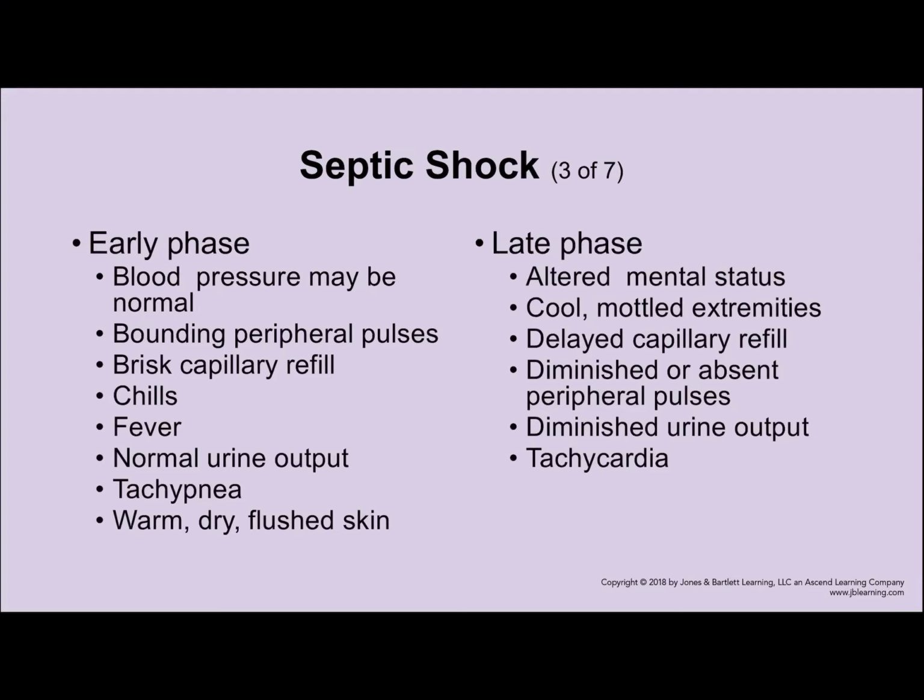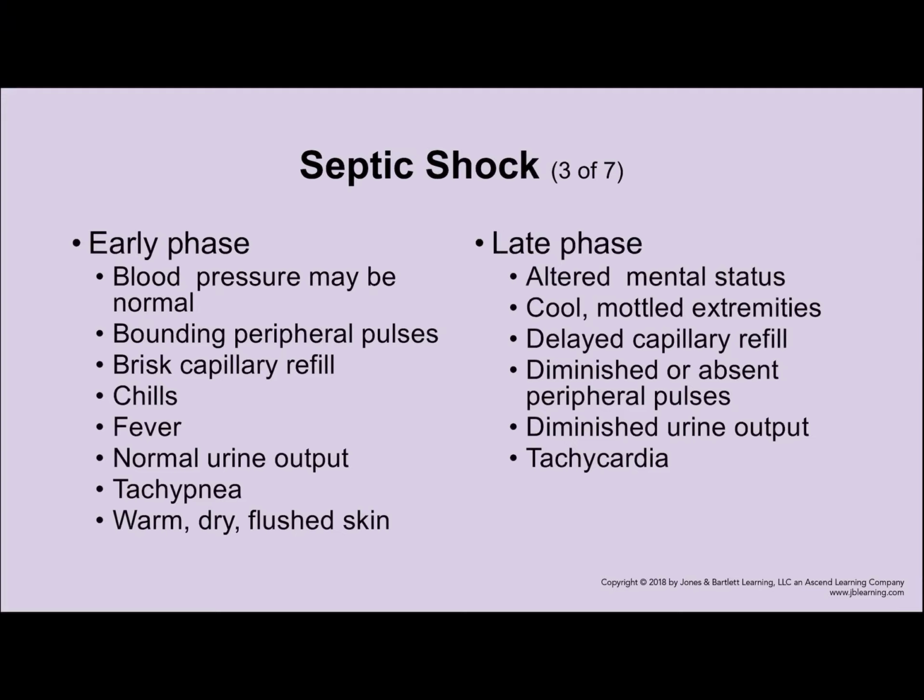In the early phase of septic shock, the clinical signs and symptoms may show you preserved blood pressure, but patients can sometimes have bounding peripheral pulses, which can throw you off somewhat. It may seem that they're having good peripheral perfusion, but the bounding peripheral pulses are actually because the patient is inappropriately vasodilated, and they have this physical exam finding as a result.